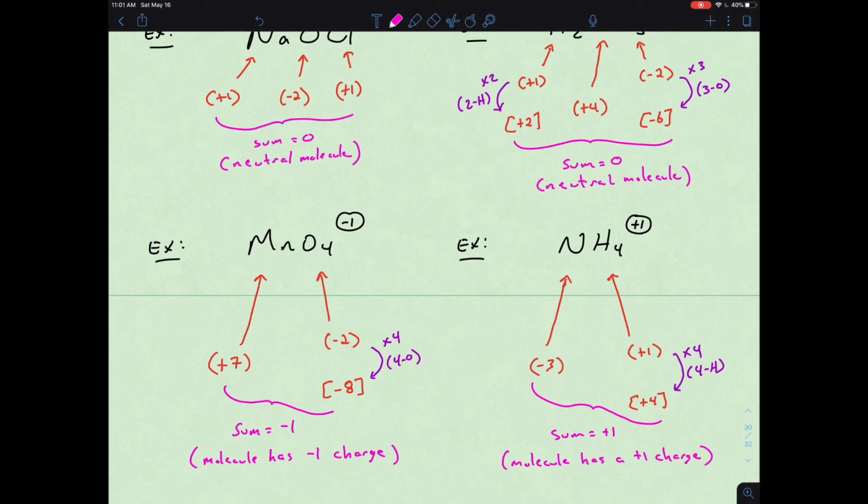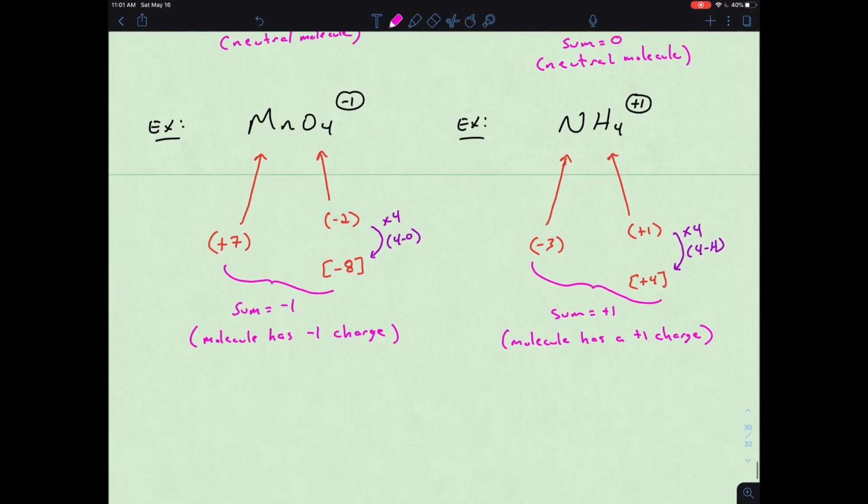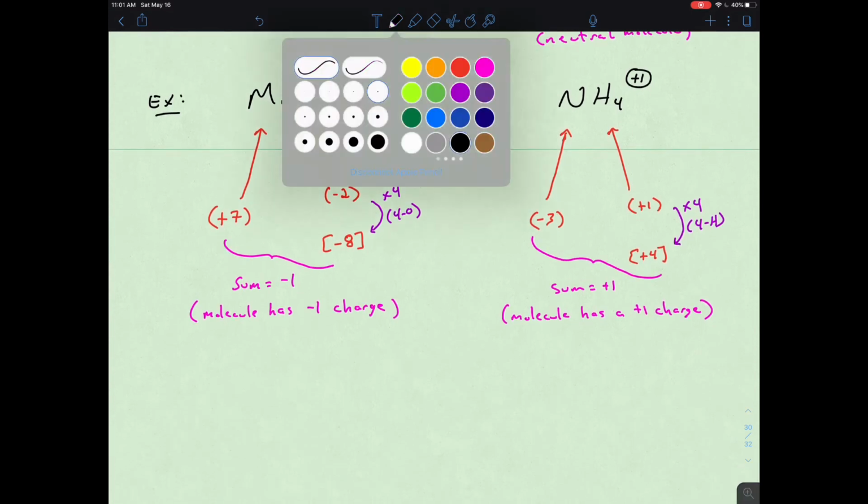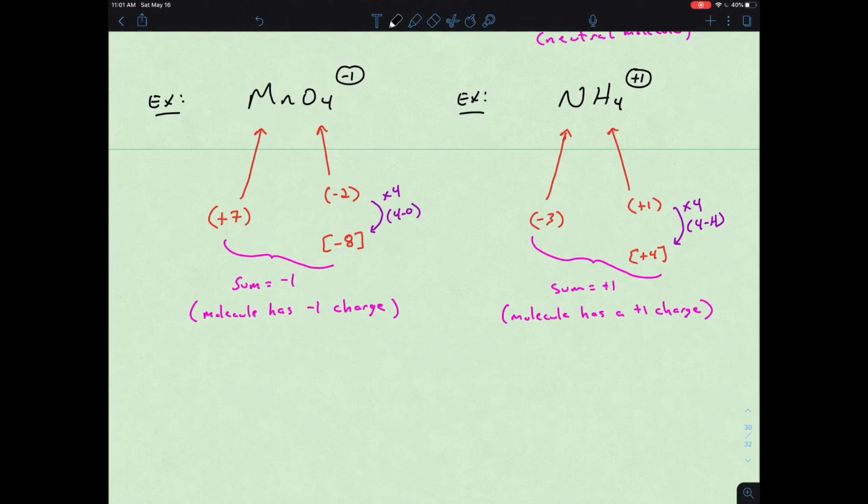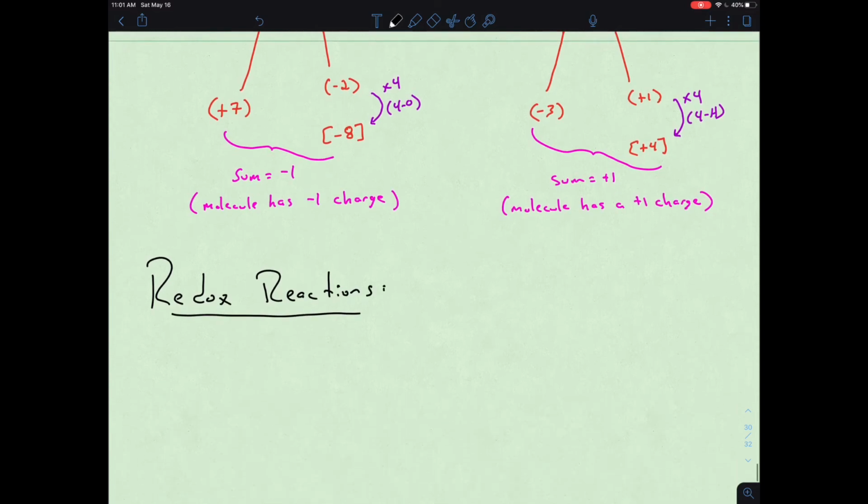So in order to recognize redox reactions, we have to have this ability to assign oxidation numbers. Now let's look at redox reactions. And so we can just start with examples.